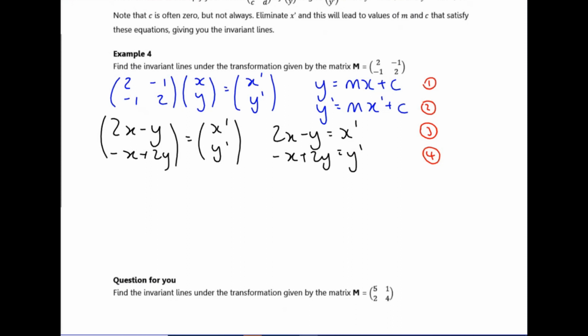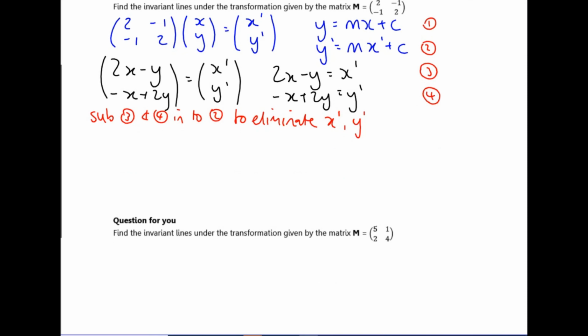First thing I'm going to do is get rid of the dashes. I'm going to get rid of x dash and y dash. So I'm going to substitute equations 3 and 4 into equation 2, to eliminate x dash and y dash and get it just in terms of x, y, and m and c.